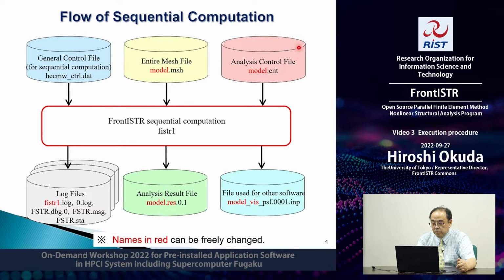And the boundary conditions, material constants, or some computational parameters like the selection of the linear equation solver are written in an analysis control file. The extensions of those two files are .msh and .cnt respectively.